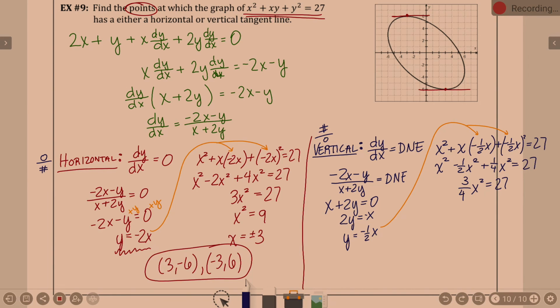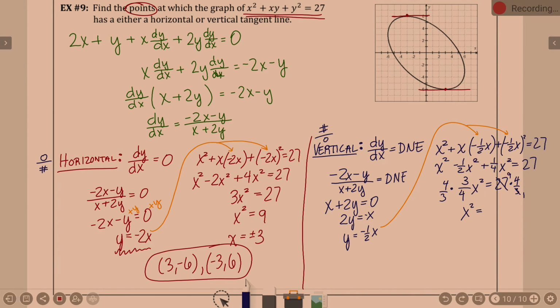Easiest way to move the 3/4 is to do what? Multiply by 4/3. So then I'm going to have x squared equals, when I multiply by 4/3, my brain does not pick up the calculator. My brain says, oh, 3 divides by 3 is 1. 27 divides by 3 is 9.